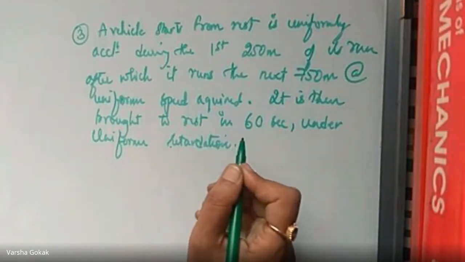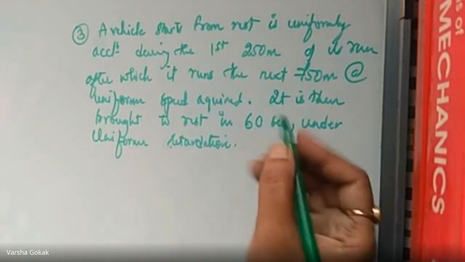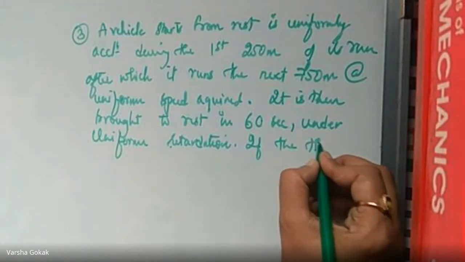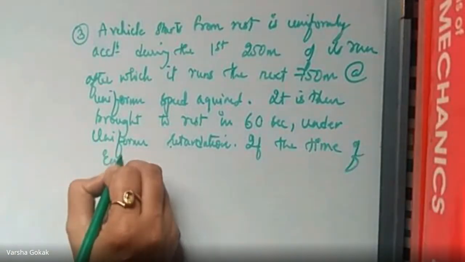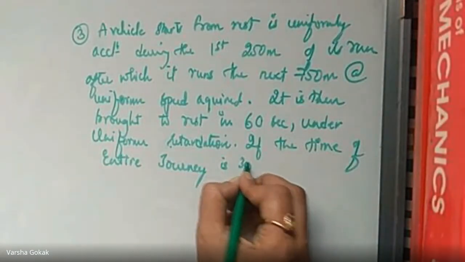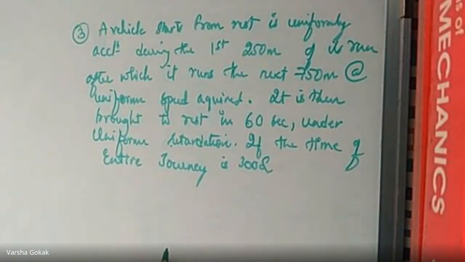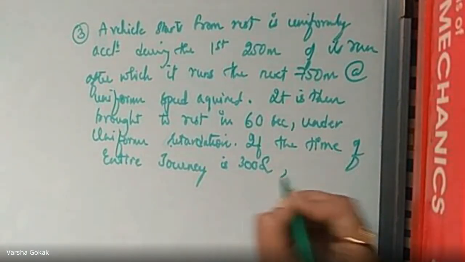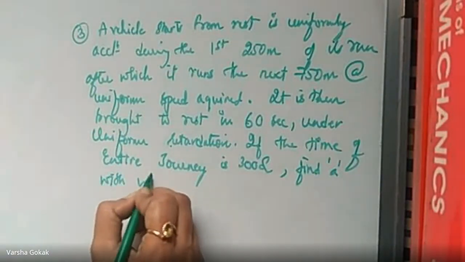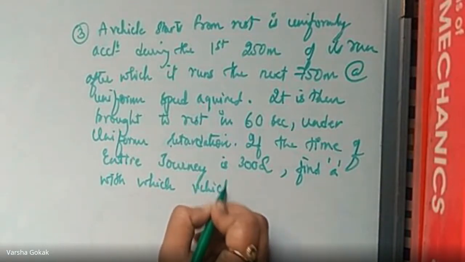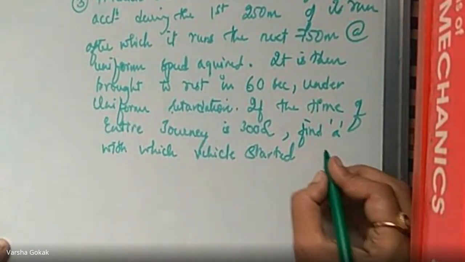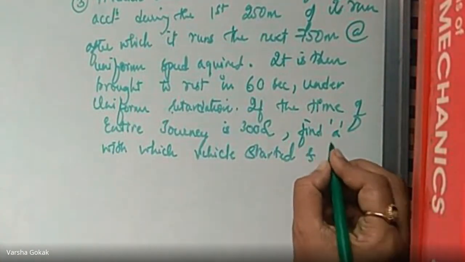If the time of the entire journey is 300 seconds, find the acceleration with which the vehicle started, and the retardation with which it stopped, the deceleration I'll say here.